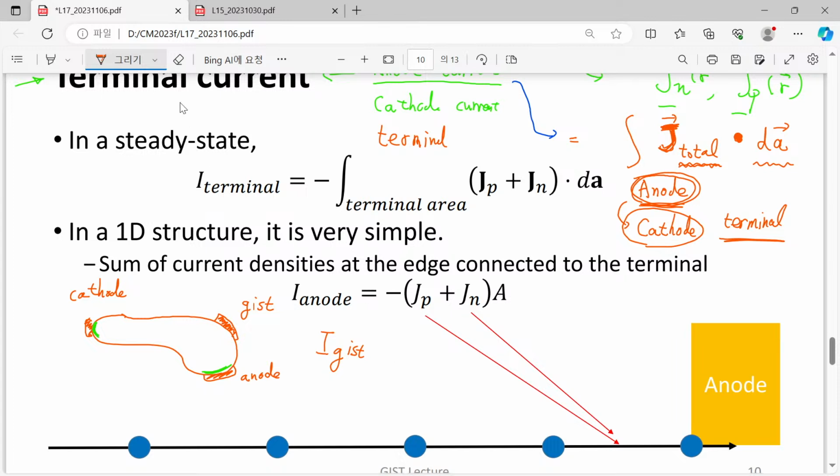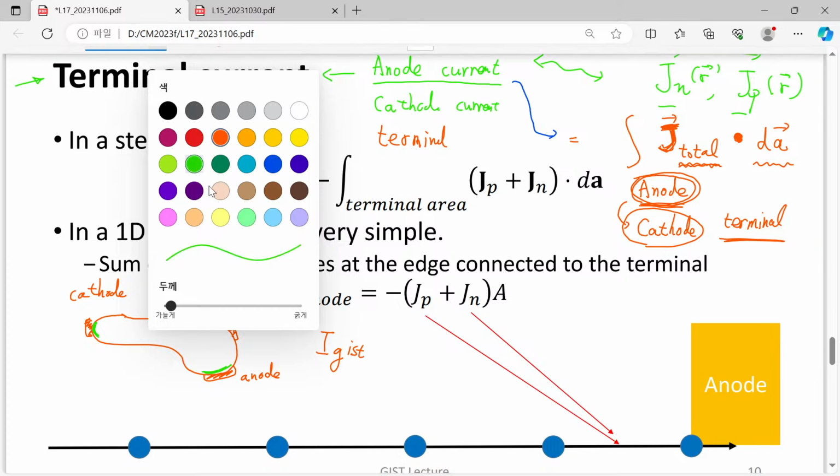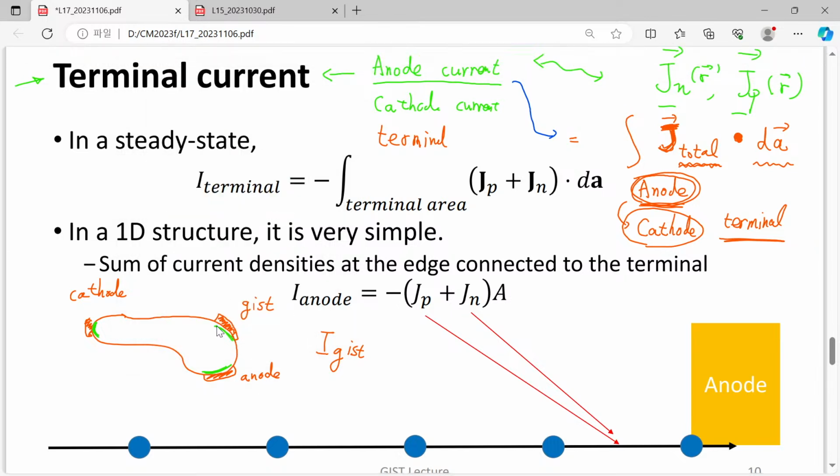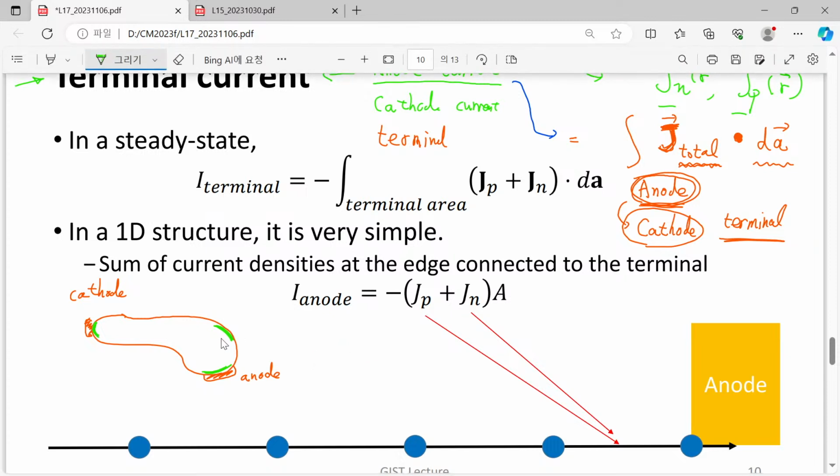That will be just the integration, once again, of the total current density, but the integration range should be confined to this position. Okay, are you all with me? That is the difference. But that was a really good question. I had never thought about that question. So we must care for the range of integration.